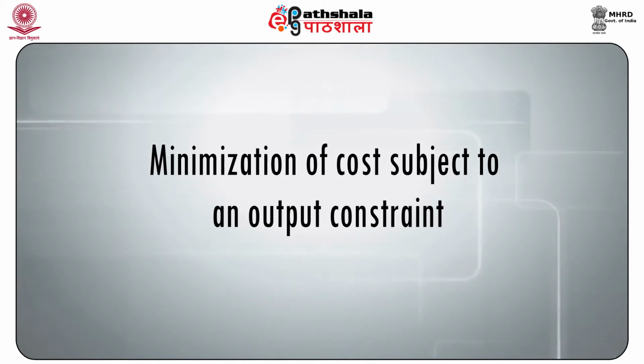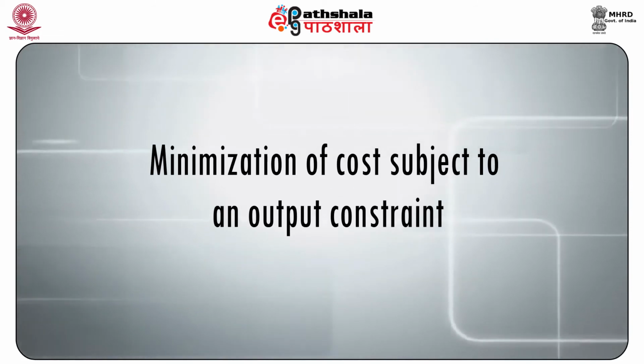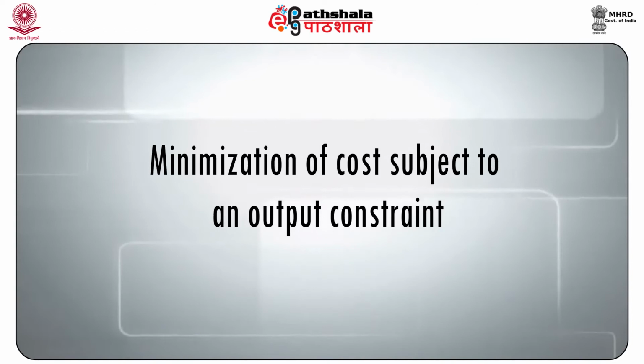Case first, minimization of cost subject to an output constraint. If the level of output is given and the producer aims to minimize the total cost of production, then he will be faced with, A, a single isoquant IQ showing the output constraint, B, a series of isocost lines.